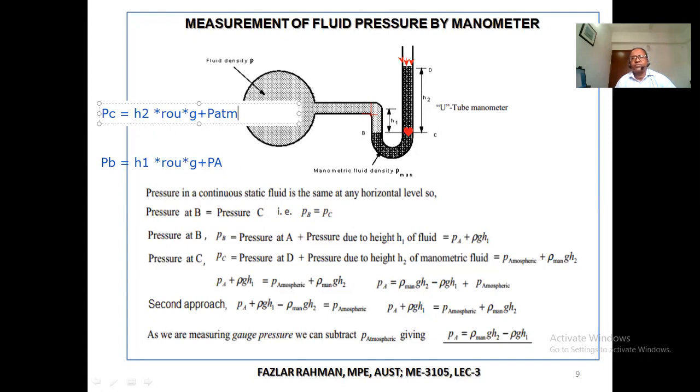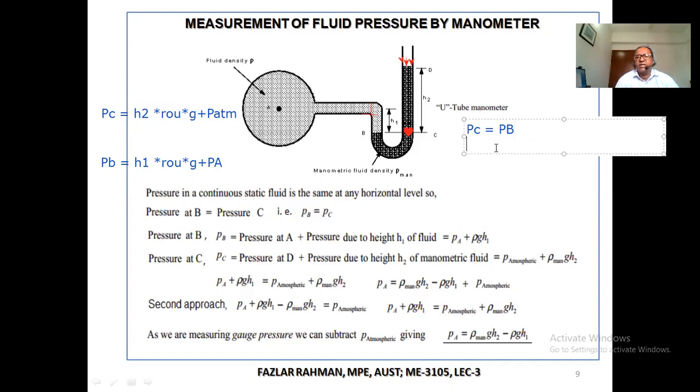Now, I can say PC equal to PB. If PC equals PB, then I just equate the equations. On the left side, I have H2, then rho, then G, plus P atmospheric pressure.